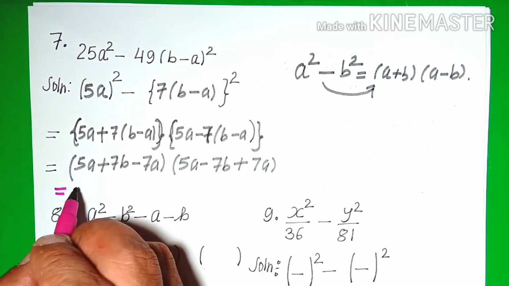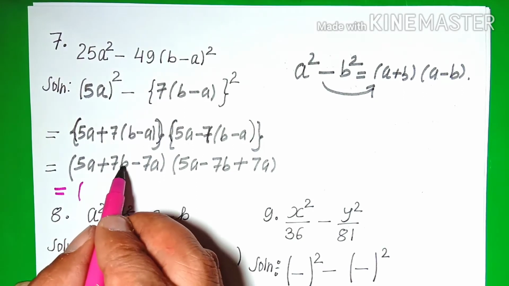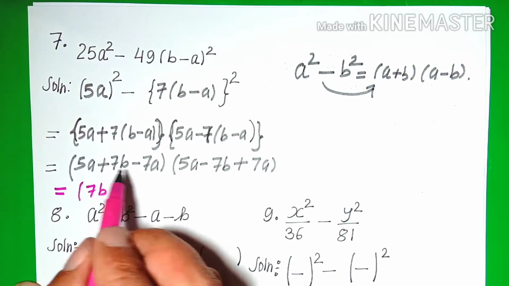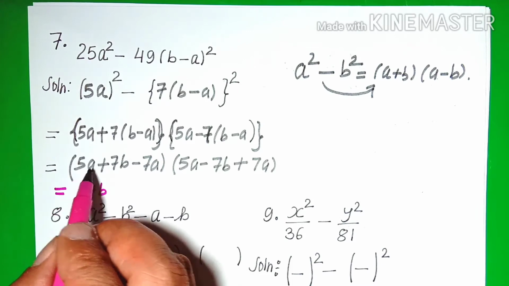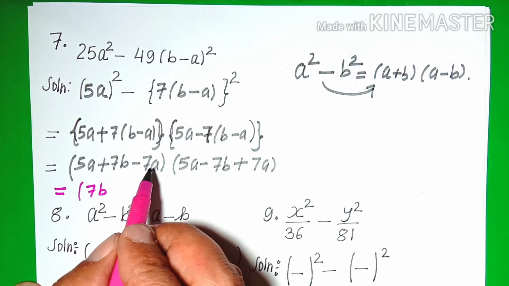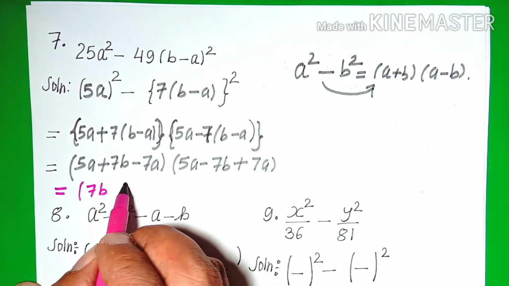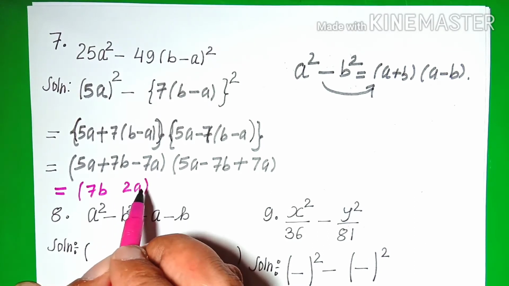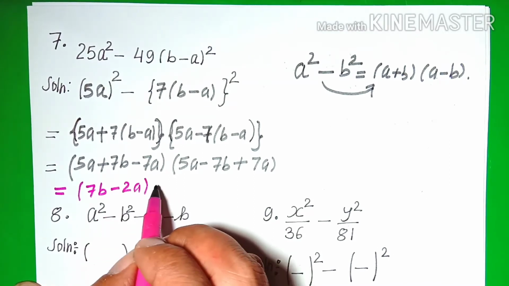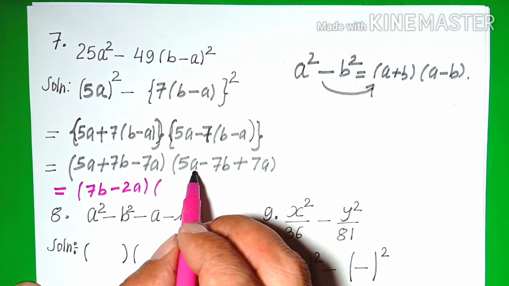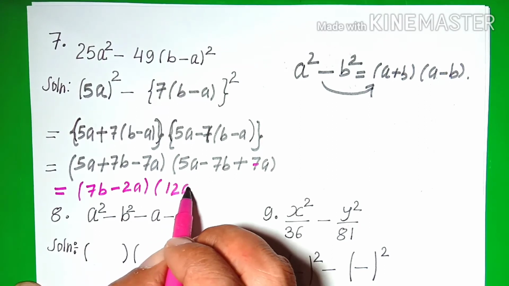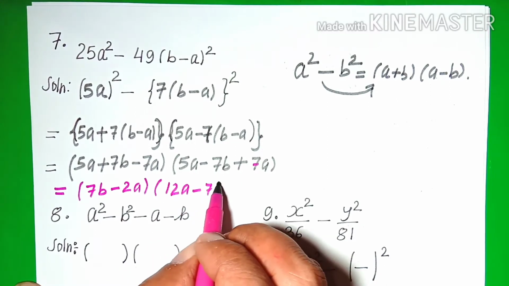Here 7b is a single piece, so we drop 7b. Now these two are like terms: 5a minus 7a, 7a minus 5a equals 2a, but the sign we take from the bigger value, 7 is greater, it has minus sign. Likewise 5a plus 7a equals 12a, followed by minus 7b.